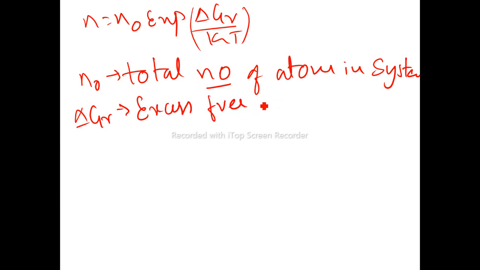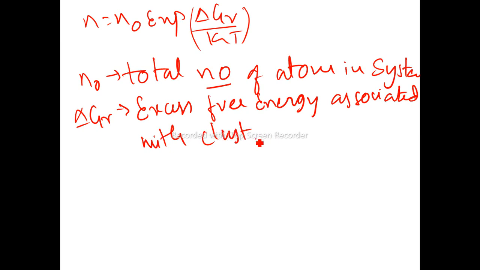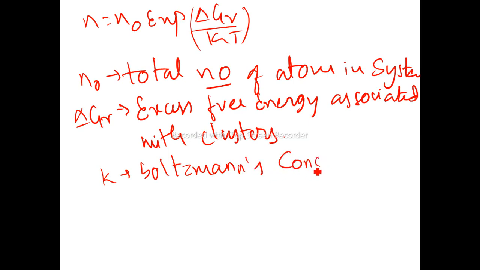Then k is the Boltzmann constant. Here, this is the expression for the number of clusters that are formed.